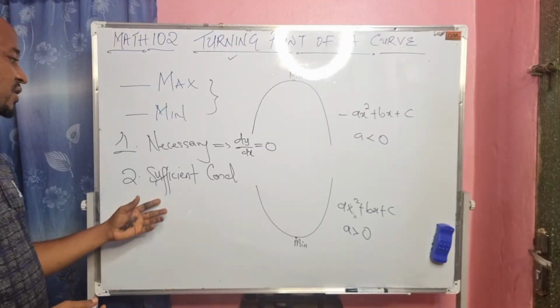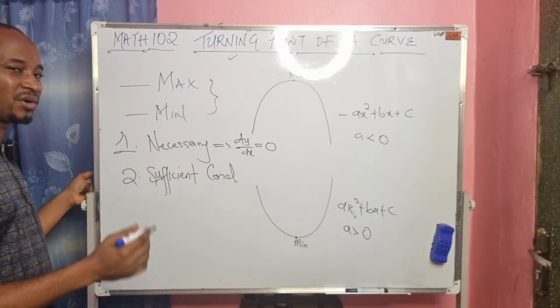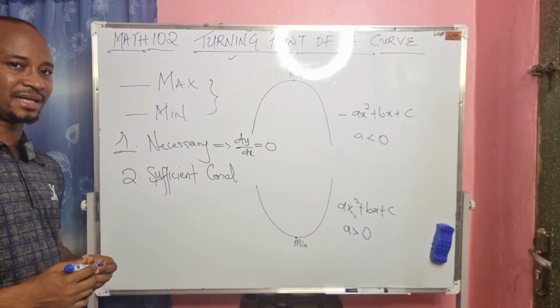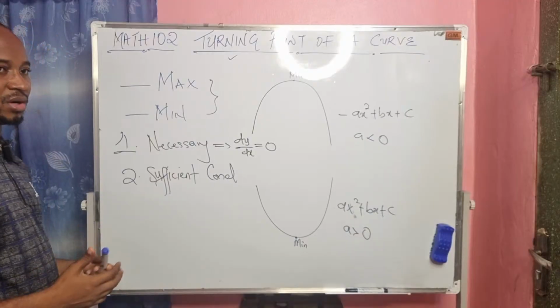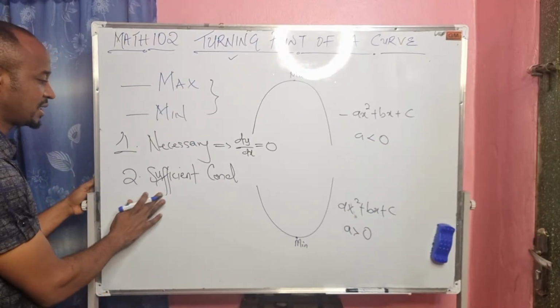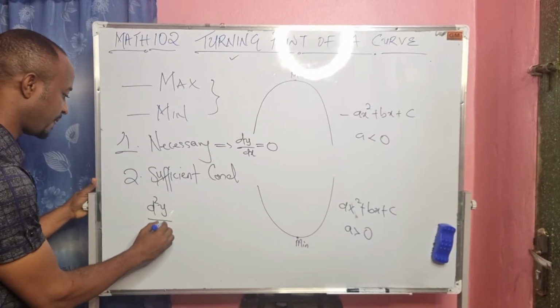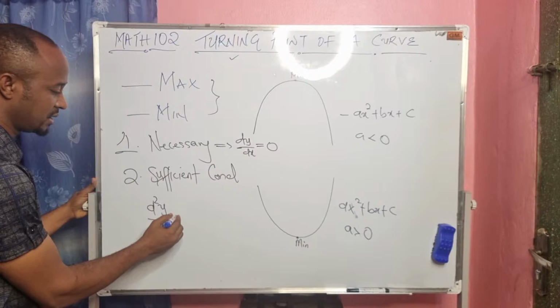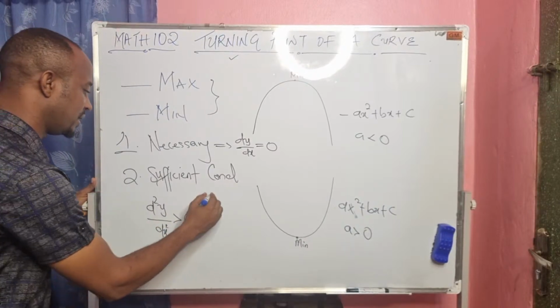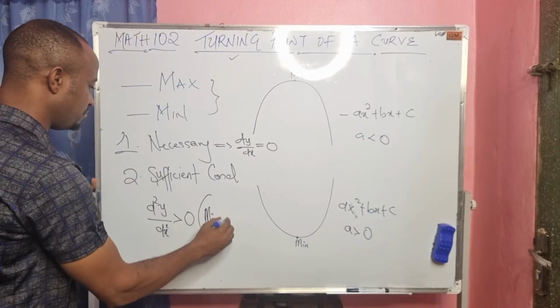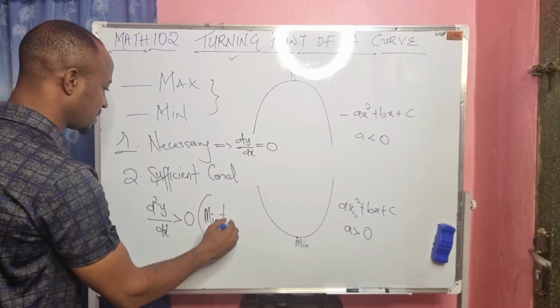Okay, then for the sufficient condition, we say the second derivative of a function must either be greater than 0, less than 0, or equal to 0. So under the sufficient condition, if the second derivative, d2y/dx squared, is greater than 0, this simply means that we have a minimum turning point.